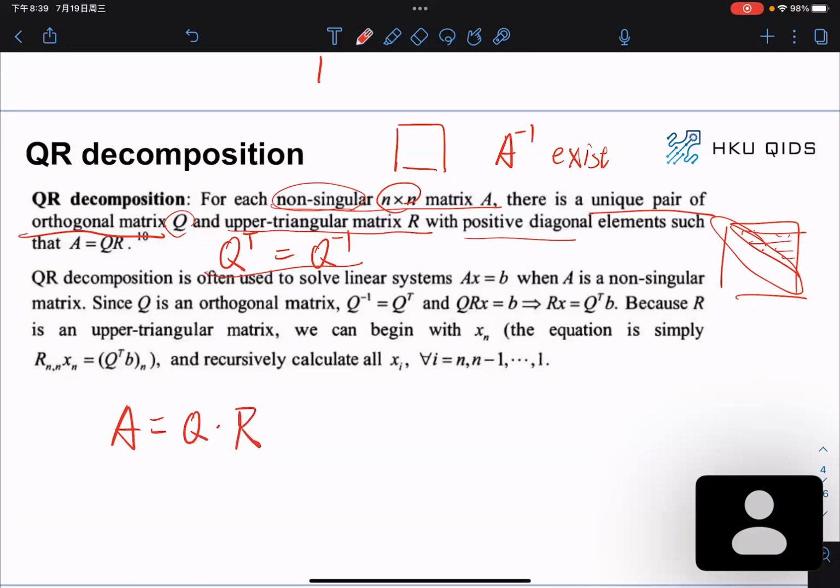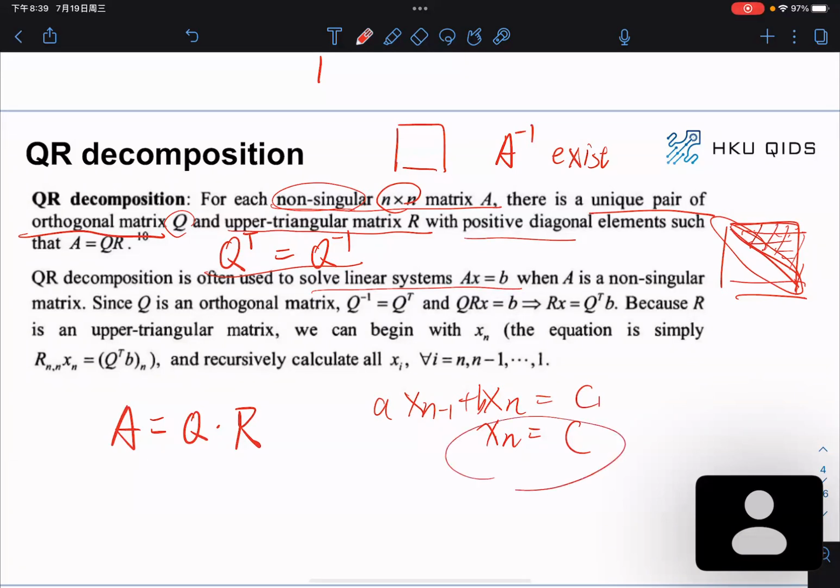And this is quite useful to solve a linear system Ax equals b, because we only have the upper triangular matrix here. For the last row, we are going to have something like xn equal to some constant, right? And the row above is going to be something like a times xn minus 1 plus b times xn equals c1, let's say.